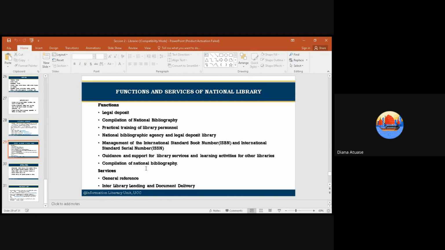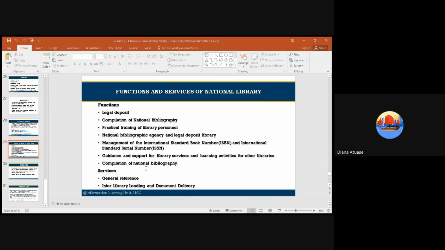So compiling the publications with authors and the titles of the materials, the year of publication. It has records of everything. So we say the National Library compiles the national bibliography. So the national bibliography is just a compilation of publications by authors.